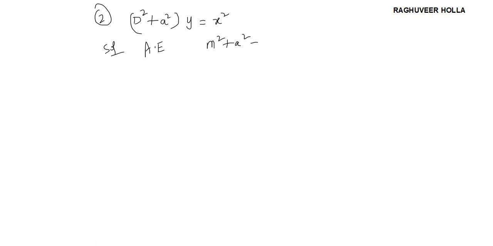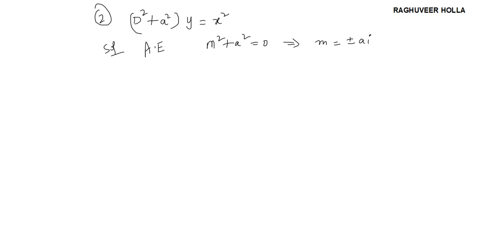Now let us move on to the next problem. Let us try to solve this: d square plus a square into y is equal to x square. Now the auxiliary equation corresponding to this is m square plus a square equal to 0, and the roots are m is equal to plus or minus ai.